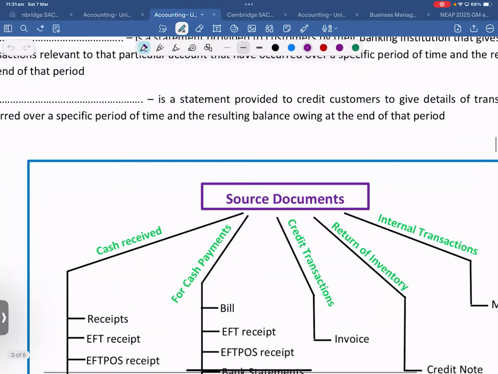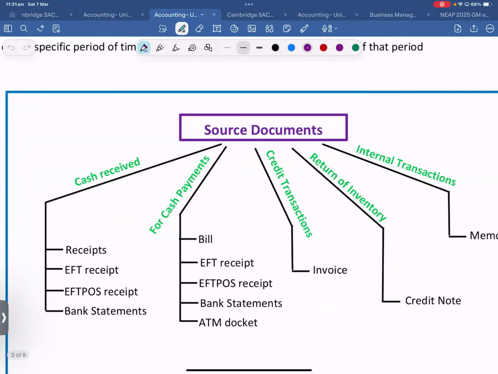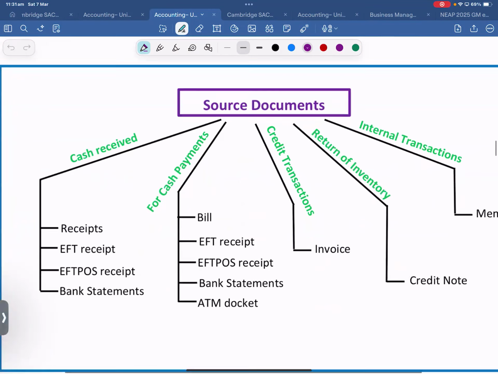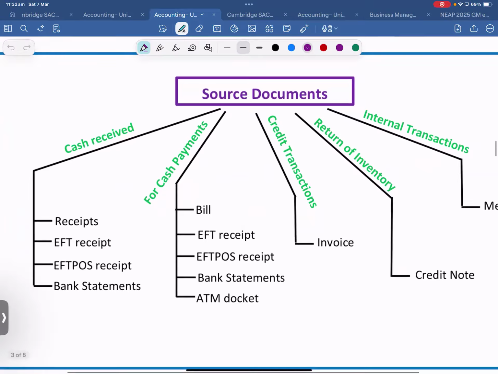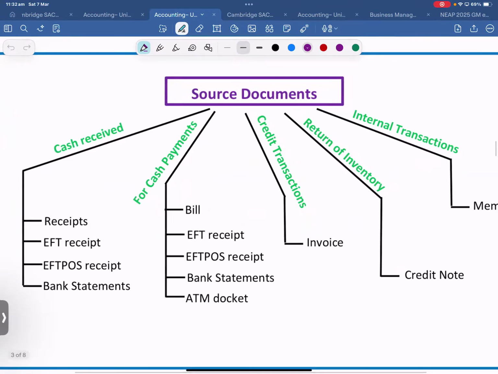I will show you the source documents next time. Right? So we have different transactions. For example, cash received, cash paid, credit transactions, return of inventory.